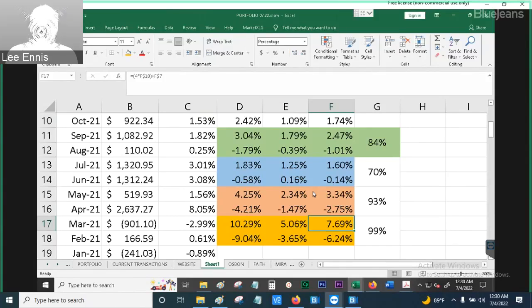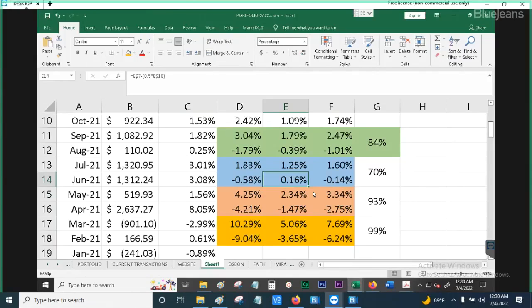The other thing I thought was really interesting, and why I kept this here, is that at the 70%, and this is mathematically 70%, not the empirical data or rule of thumb, this is just the actual numbers based on last year's data, the worst case scenario for this portfolio is actually a gain every month.